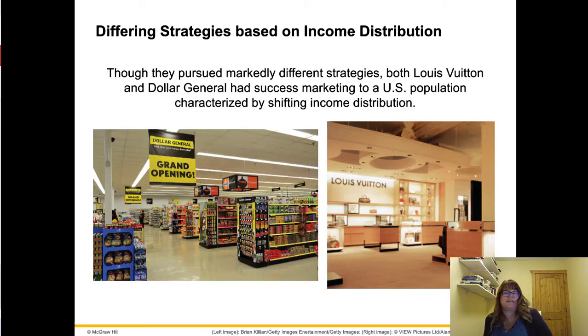Many companies, such as Dollar General, have thrived by targeting consumers with modest incomes. During the most recent recession, Louis Vuitton's marketing strategy involved raising prices and heightening its focus on quality. The result was additional sales to its wealthiest clients and thus higher profits.